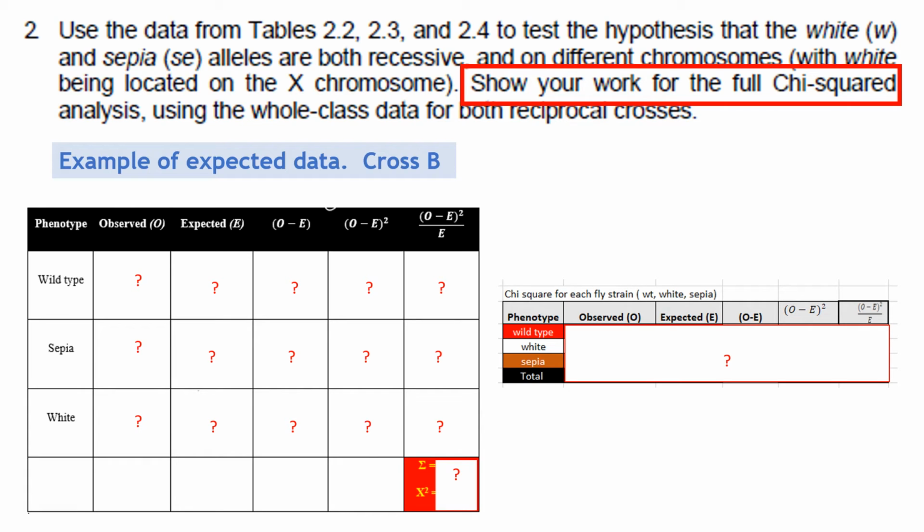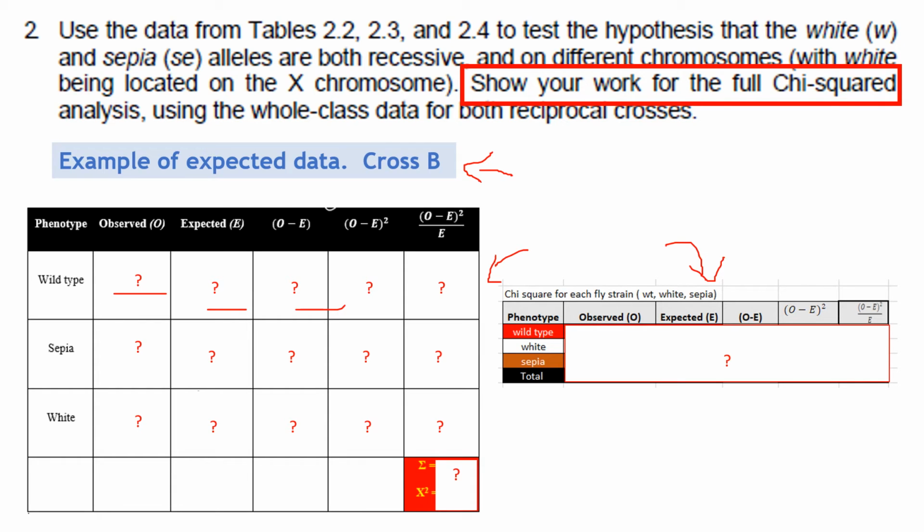So you not only have to do this for cross A, but you also need to do it for cross B. I don't want to make this video too long. If you want to see the calculation of this example, I have it in the Excel table, and for your lab report, you just have to fill in all these things again.